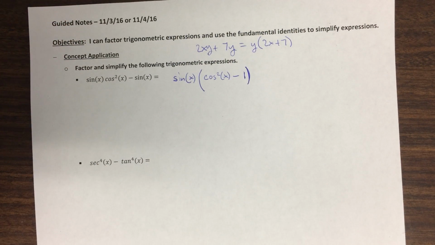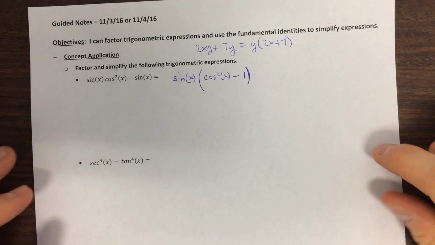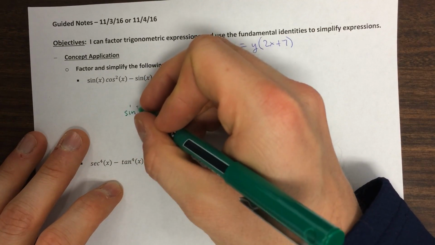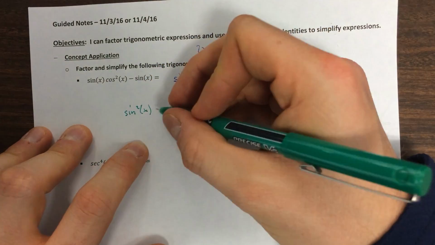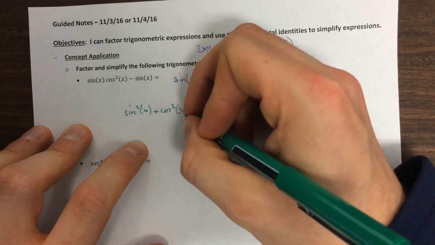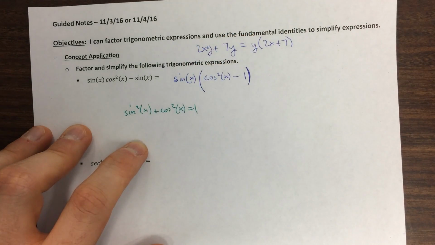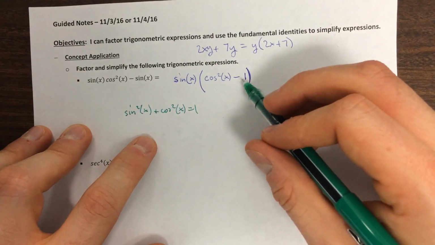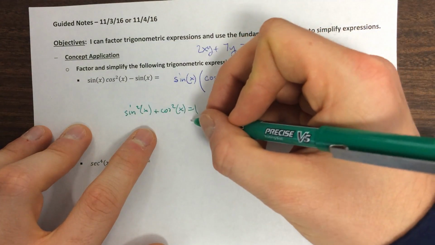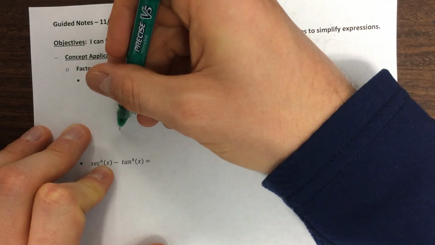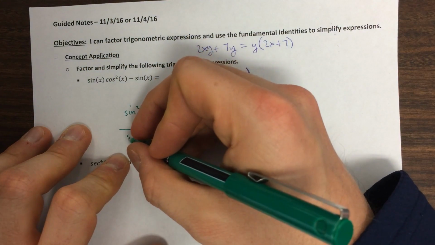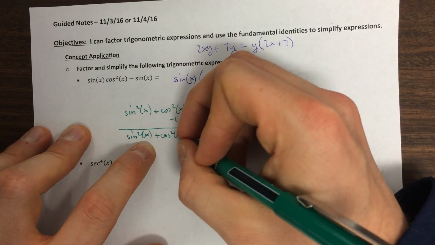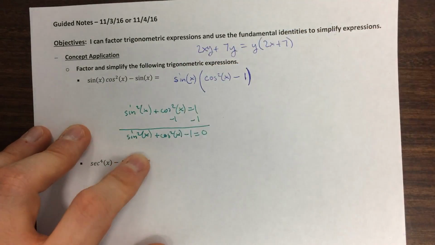Now it's going to be really helpful to have the different fundamental identities out, because from here we know sine squared x plus cosine squared x equals 1. Well, here if I want cosine squared minus 1, if I subtract 1 from both sides, then we would get sine squared x plus cosine squared x minus 1 equals 0.